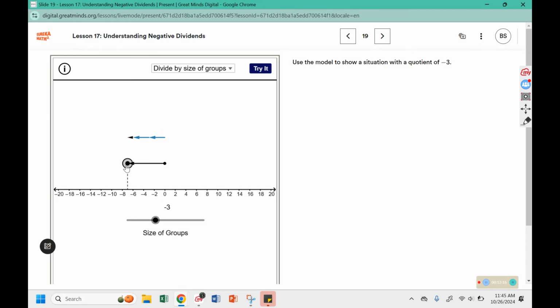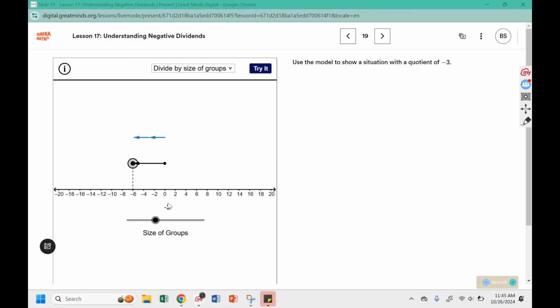We could move to negative 6, and we could have 2 groups of negative 3. So this number sentence would say negative 6 divided by 2 would result in negative 3. You can use several different divisors and dividends to create a quotient of negative 3.